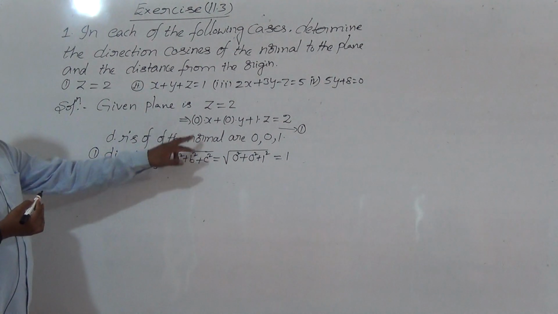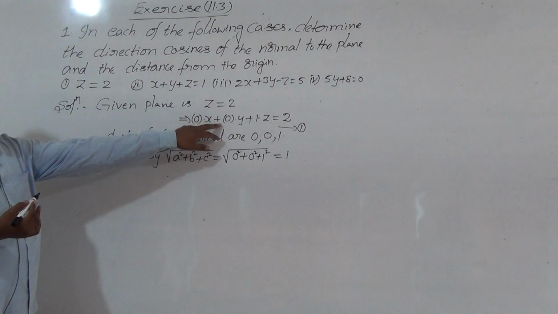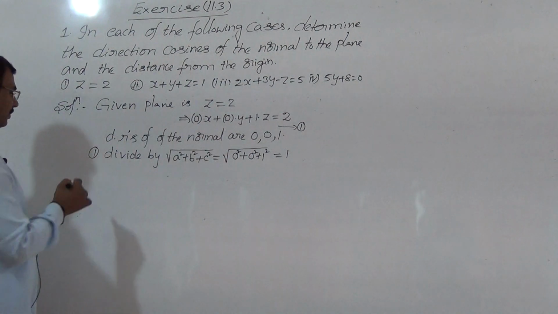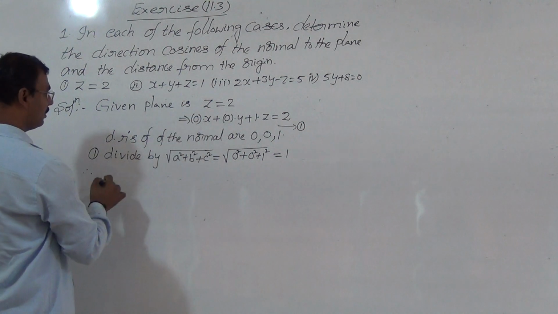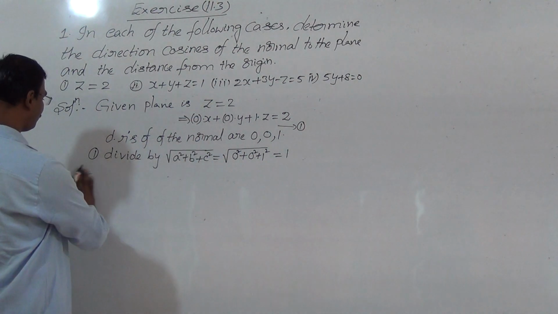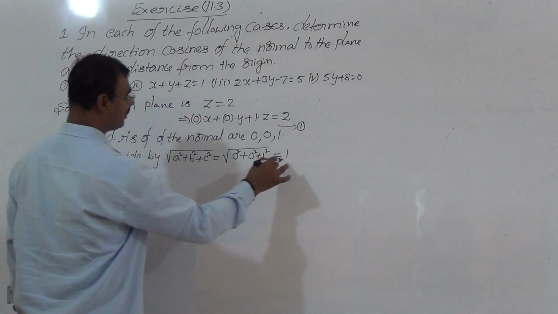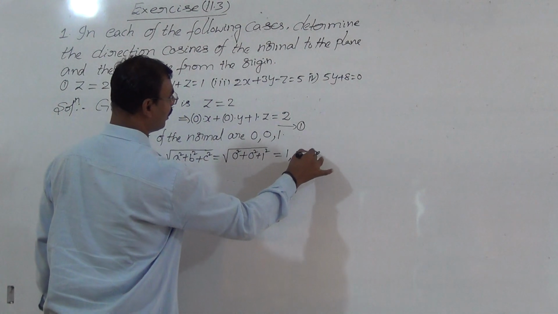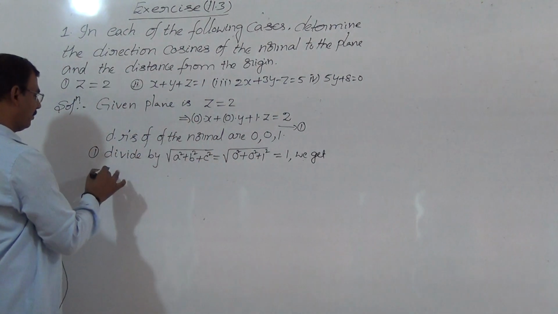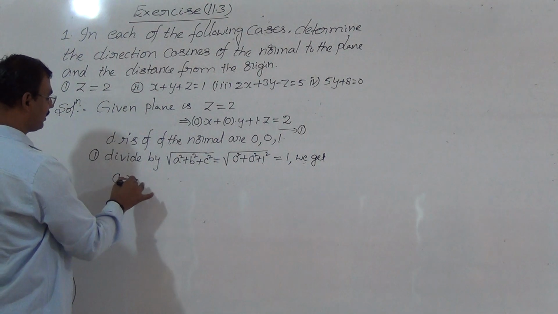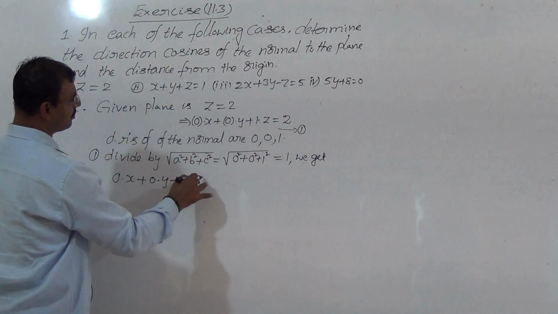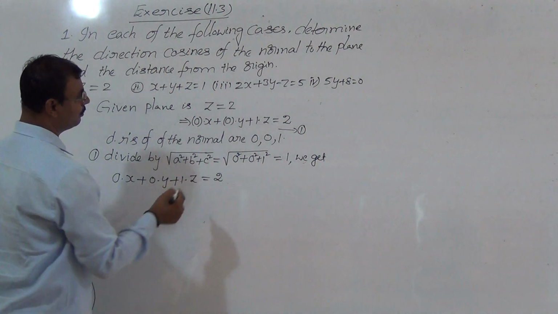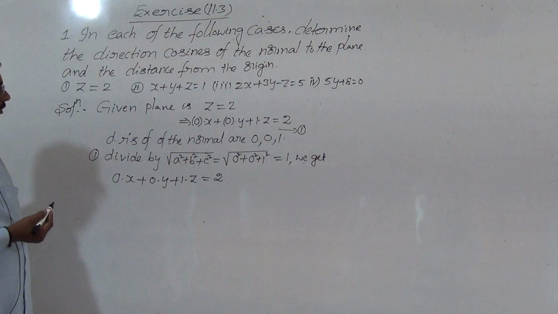Whenever you divide by 1, the equation is unaltered. Therefore we get the same: 0 into x plus 0 into y plus 1 into z is equal to 2 by 1, which is 2.